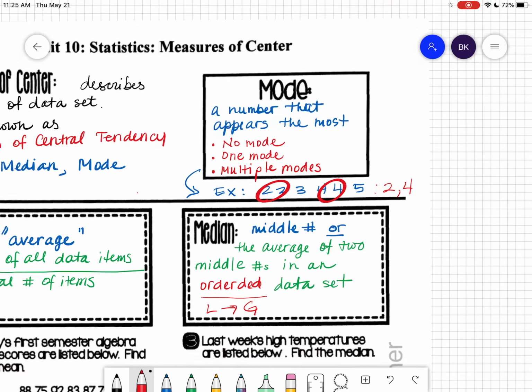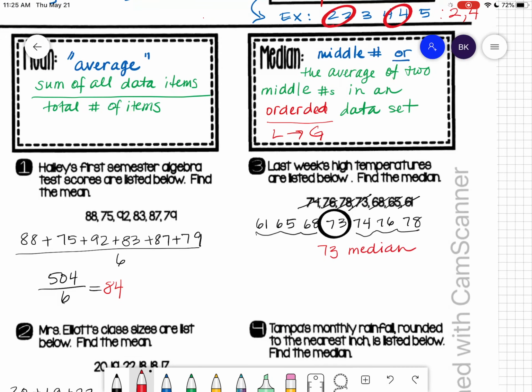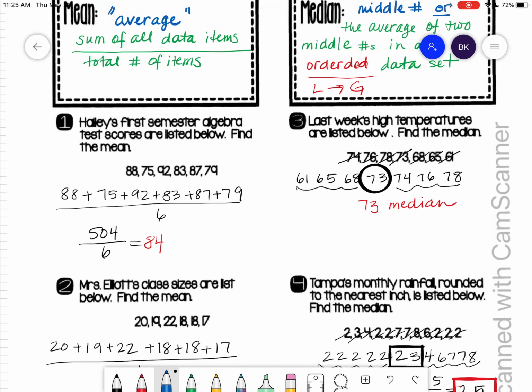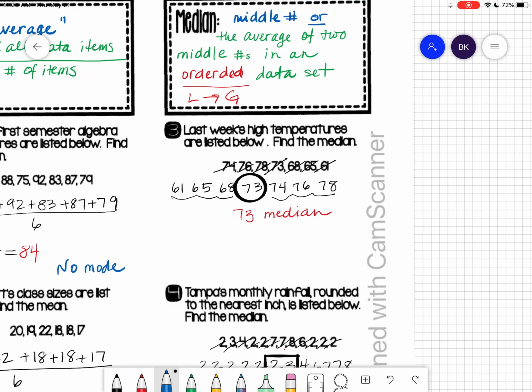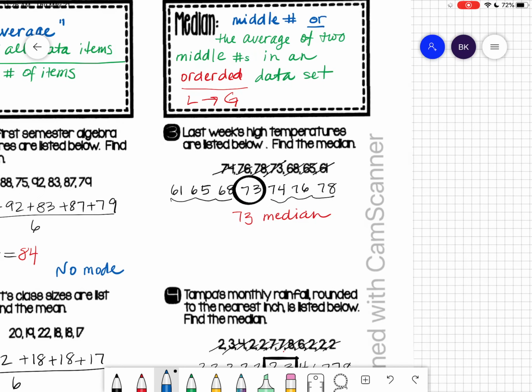Now, what we're going to do is take a look at examples 1 through 4 and find our modes. In example number 1, we have no mode. Example number 3, we have no mode.